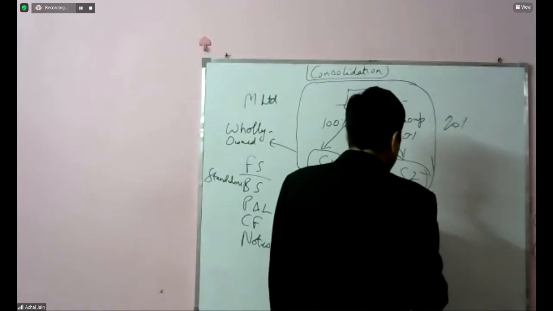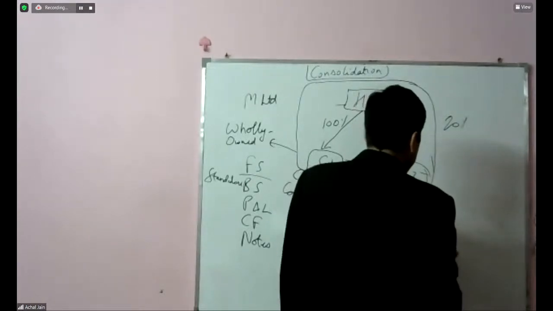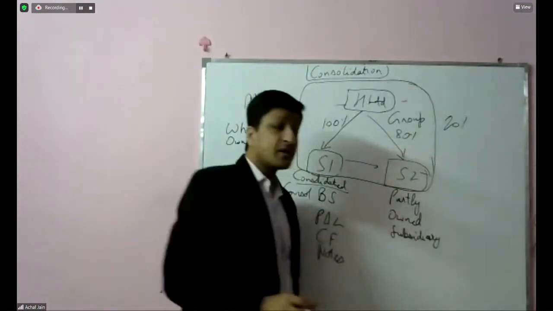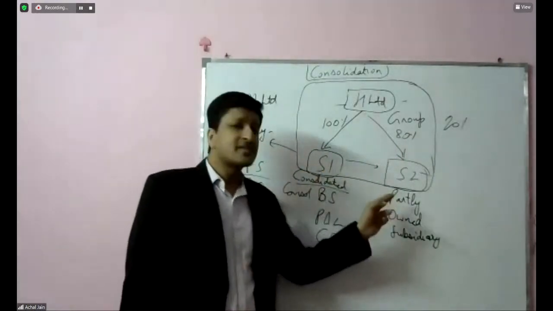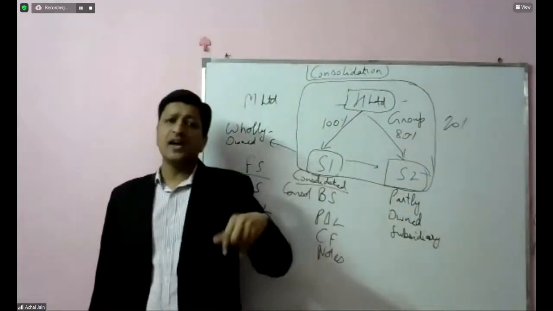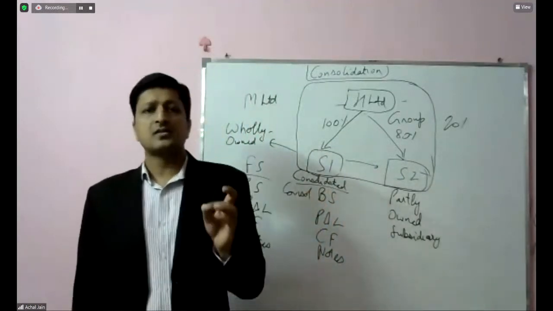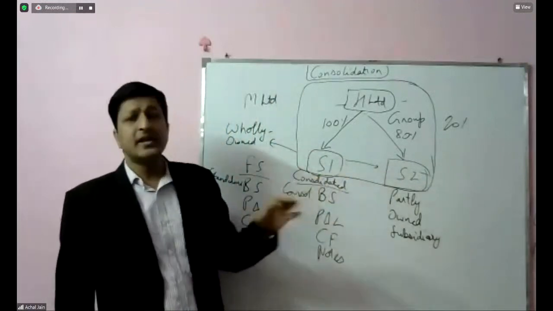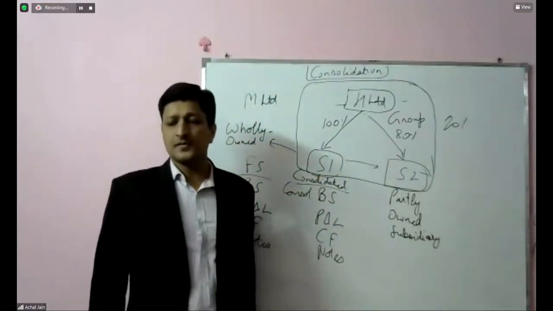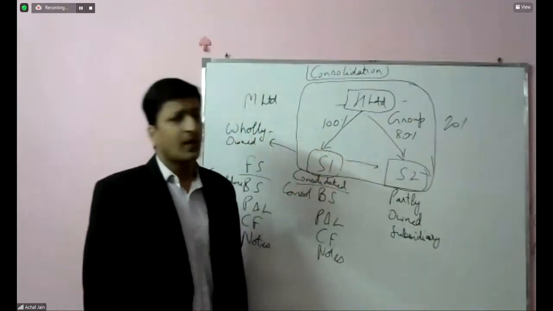Partly owned subsidiary. And please remember that this subsidiary and this subsidiary could be in India or outside India. It doesn't matter to us. For us, we need to ensure that these two are always subsidiaries. Okay, clear?